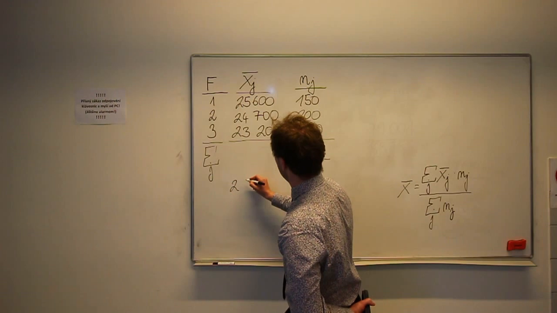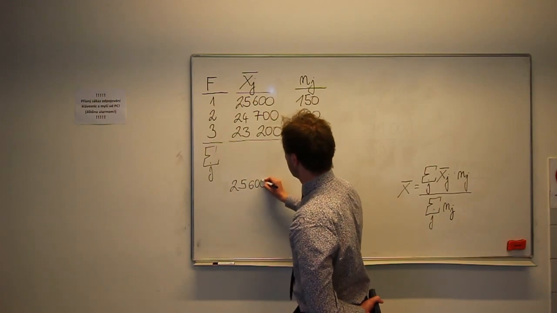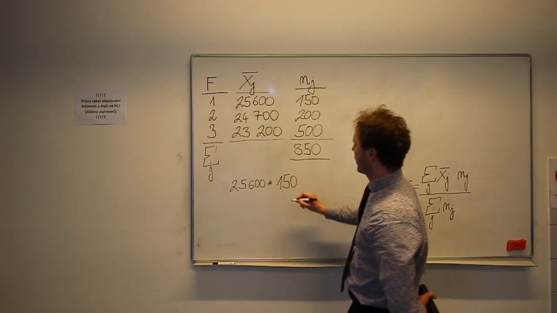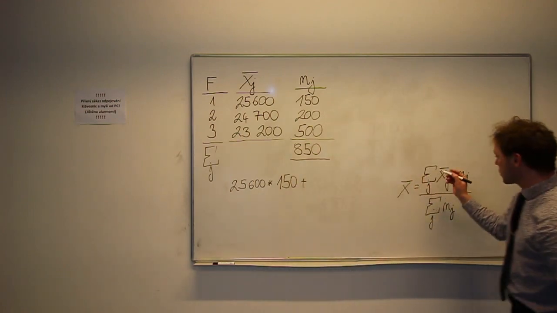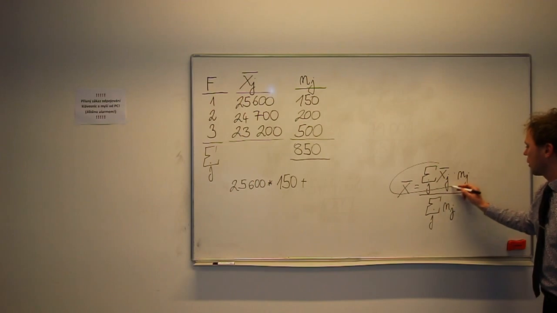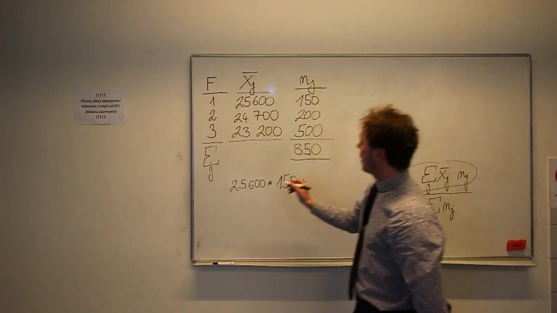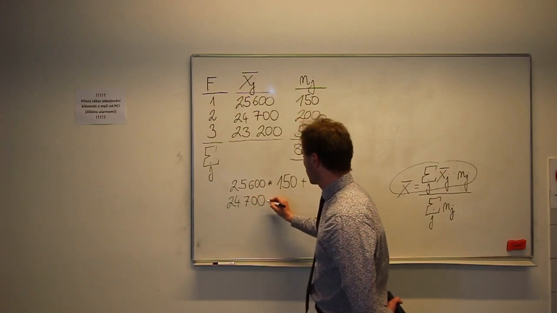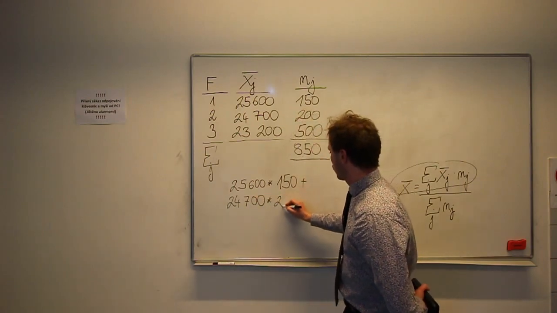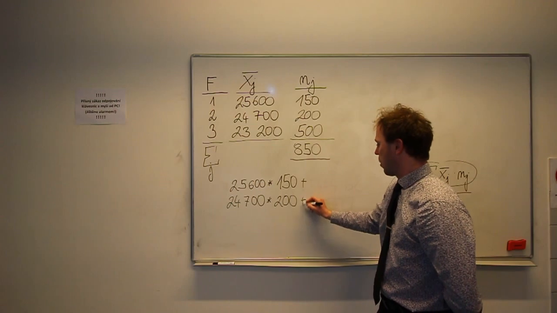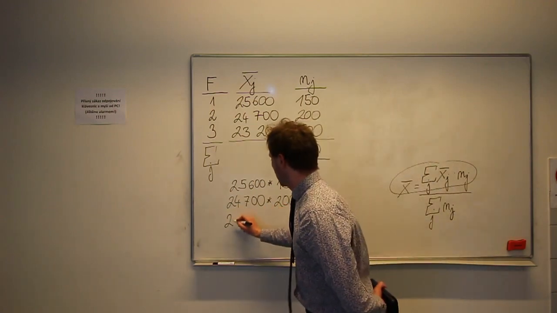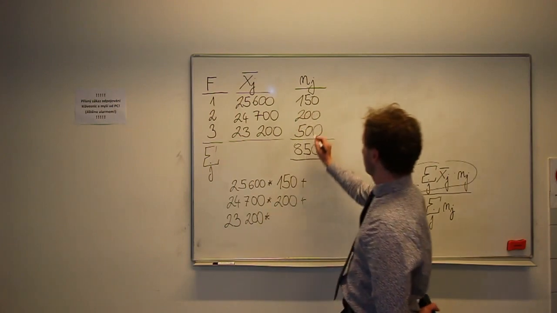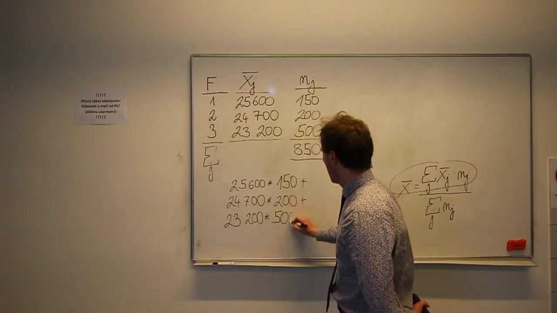So 25,600 weighted by 150 plus 24,700 weighted by 200 plus 23,200 weighted by 500.